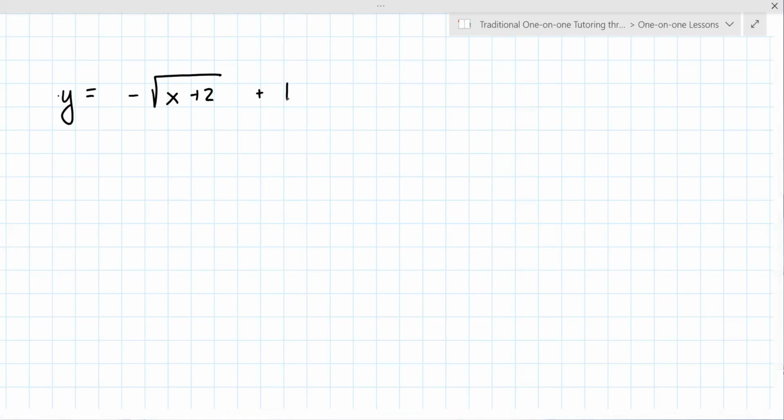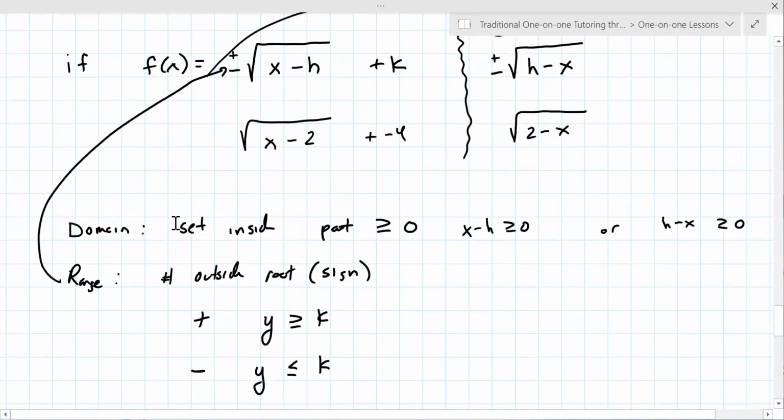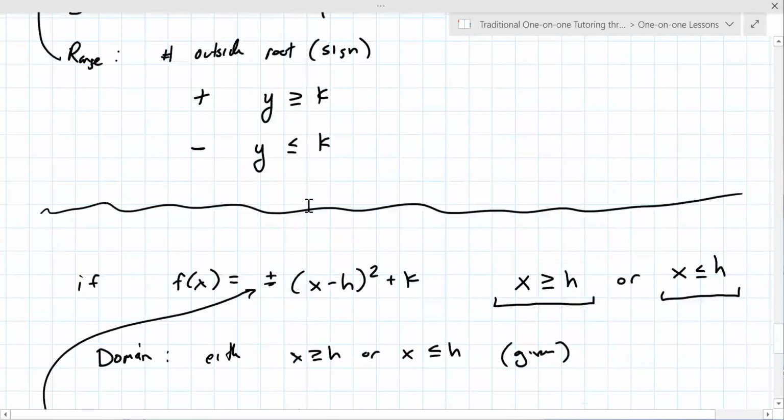Okay, so our next example, let's say it's y equals minus square root of x plus 2, plus 1. I was going to make it plus 5, but that's too big because we won't be able to graph it. The domain is not going to be given when this is your starter problem. If you go back up to what I wrote, it says to set the inside part greater than or equal to 0.